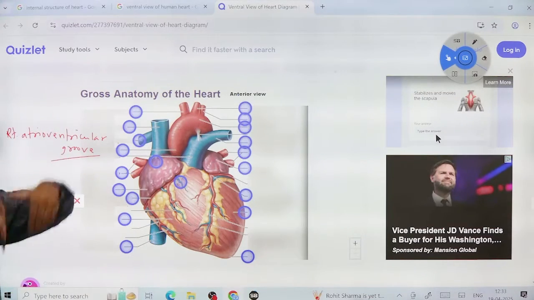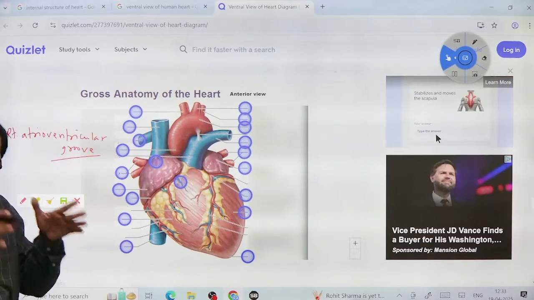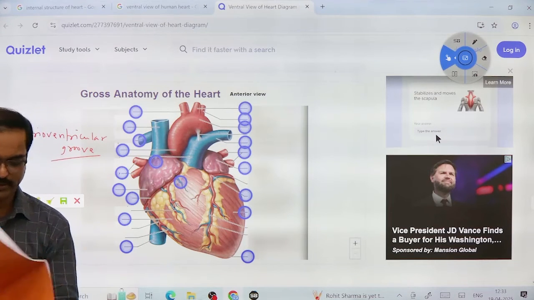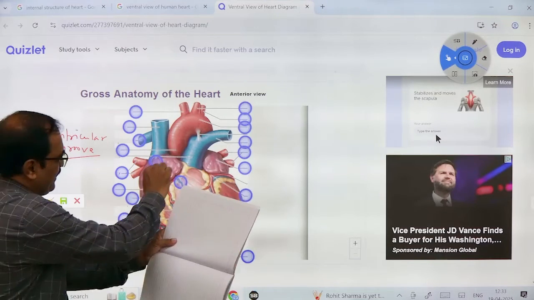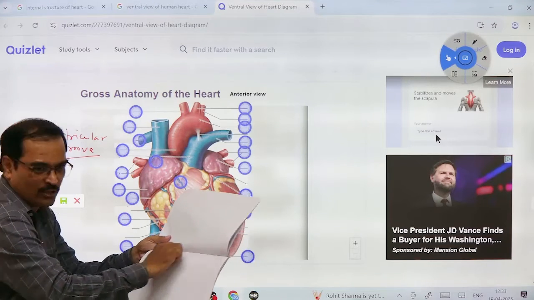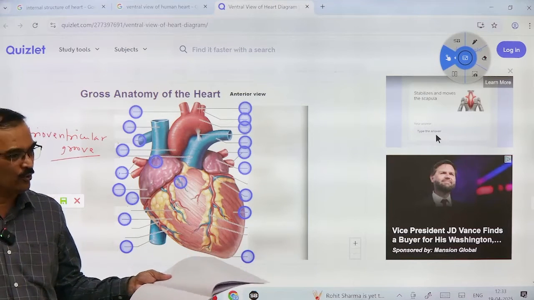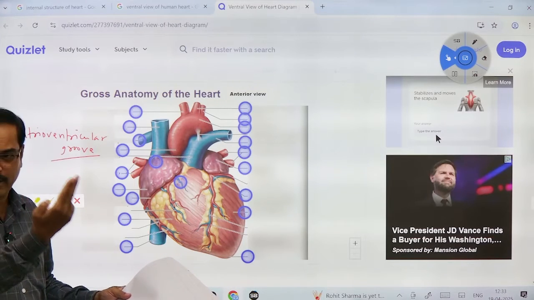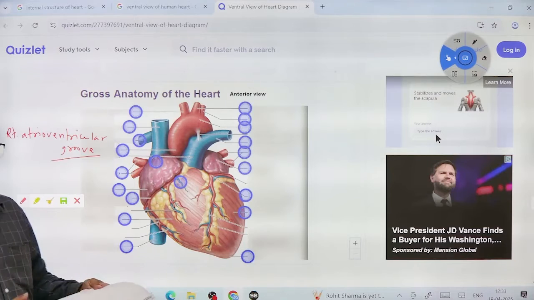So in the internal part we use the word septum, and here we use the word groove or notch. Give me your notebook. I will show what is groove and what is septum. Suppose this is the right atrium, this one is the right ventricle, and in between them is a notch. It is called the right atrioventricular groove. It is simple like this. Same here: this notch, left atrioventricular groove, and this notch, interventricular groove. Simply write this.